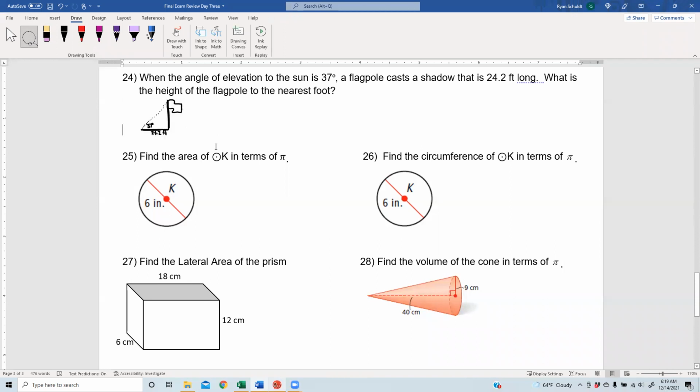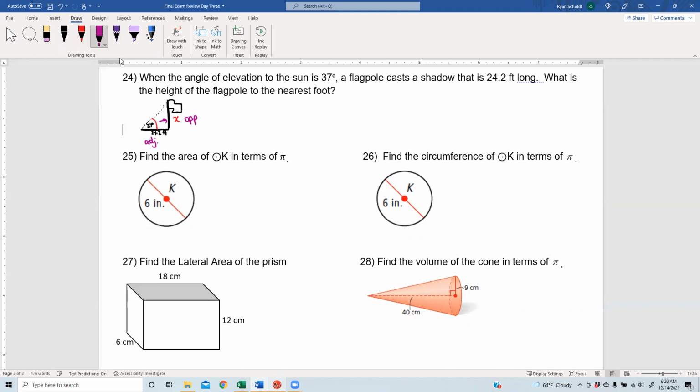Okay. It wants to know how tall is the flagpole? What's that side right there? So everything I do has to be in relation to this angle. Well, the x is opposite of that angle. It's across from it. 24.2, that's adjacent to it.